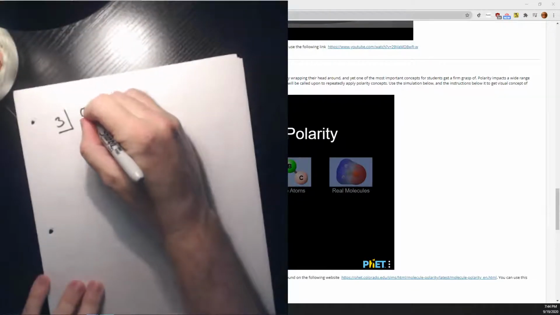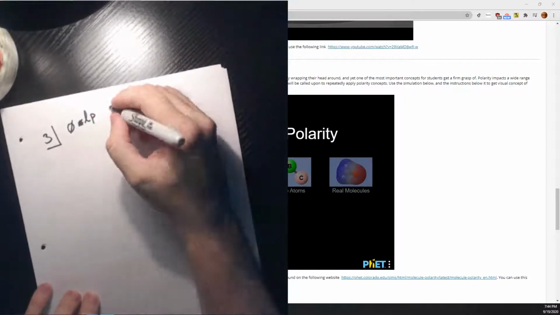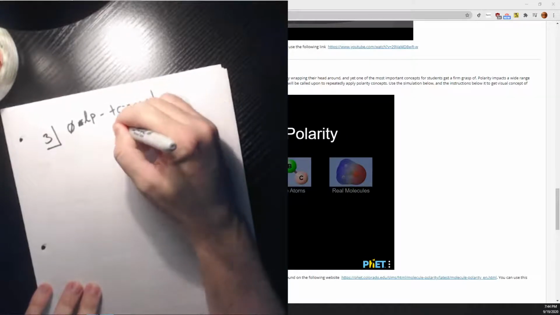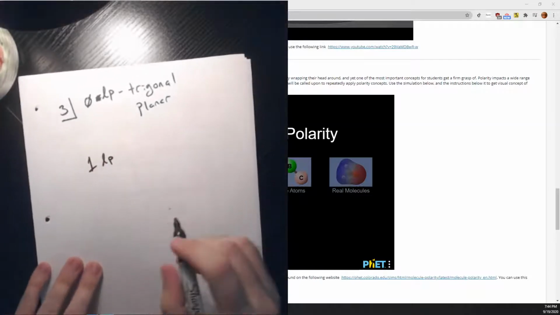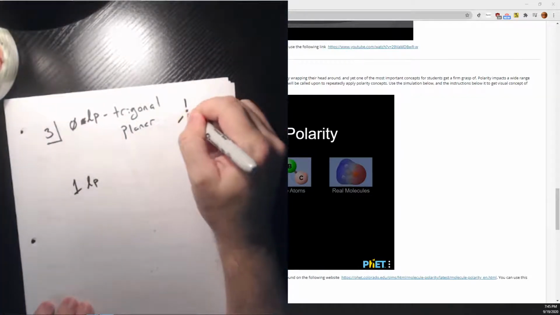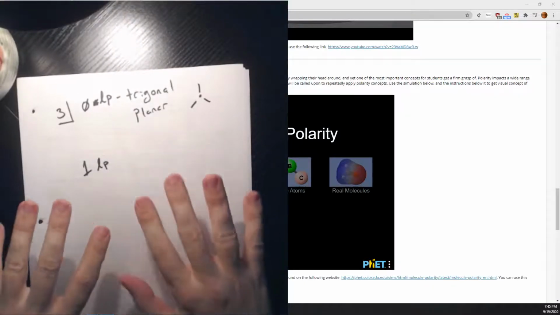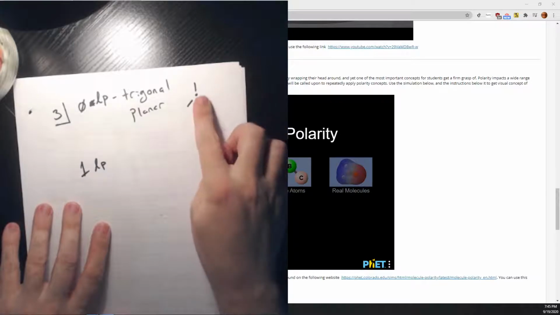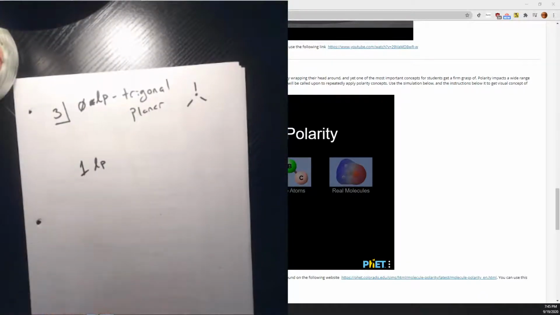Okay, so if it had 0 non-bonding pairs, or sorry, 0 lone pairs, they called them. 0 lone pairs is trigonal planar, but if you have 1 lone pair, then what you do is you replace one of those lines with nothing. See, when we look at the molecule, we can see the bonds, we can see the atoms, I should say. We can't see the lone pairs. So the geometry changes to this.